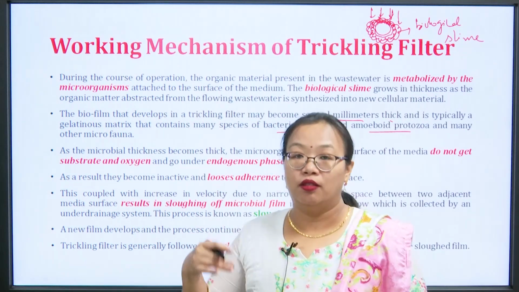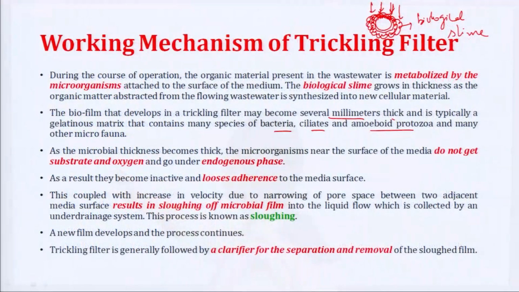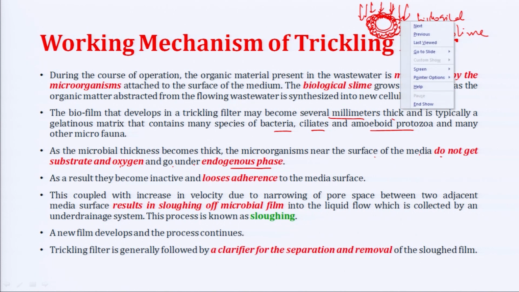Okay. So, now the process. As the microbial thickness becomes thick, the microorganisms near the surface of the media do not get substrate and oxygen and go into the endogenous phase. So, what will happen? It grows thick. So, the wastewater is going to flow like this. The uppermost part or the topmost part of the bacteria is going to get all the food.